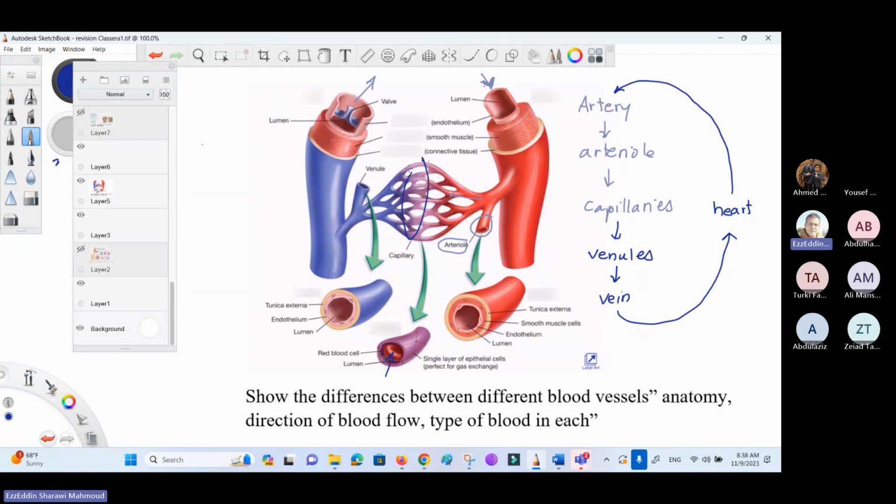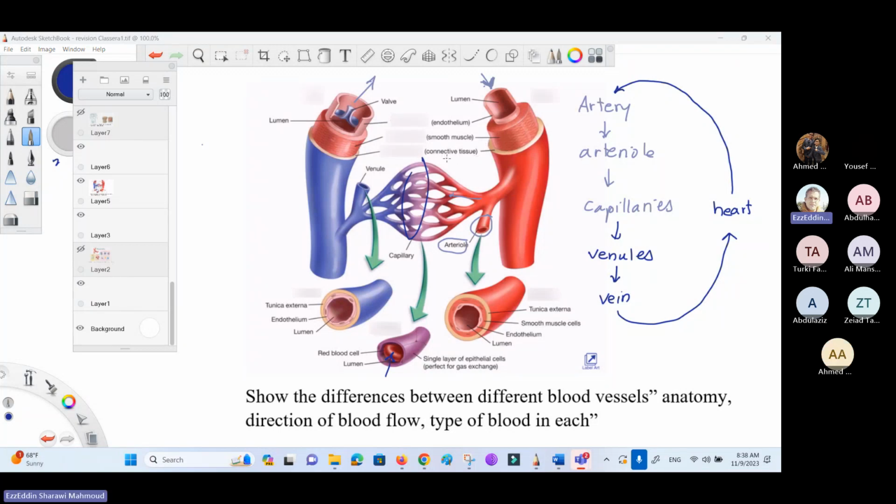The artery has three layers. The first layer is a connective tissue. It's the outer one here, the white one. The middle one is the smooth muscle layer. The third one is endothelium, something like epithelium. As you see in this figure, the thick layer of smooth muscle makes the lumen very narrow.